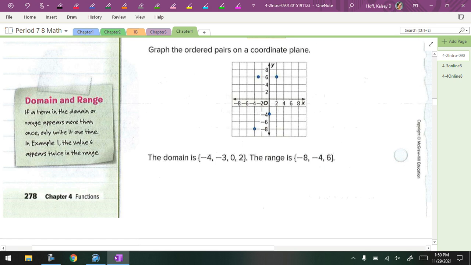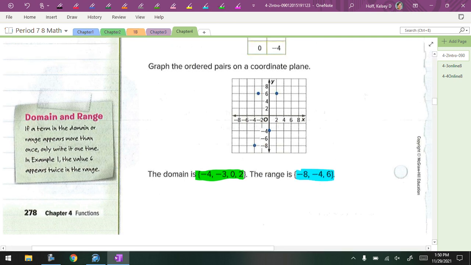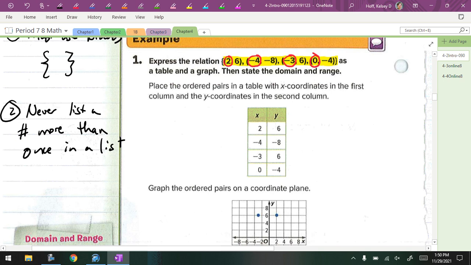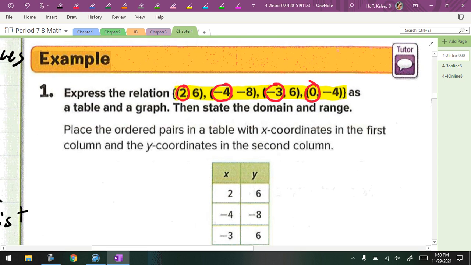So here's my question. How come the domain has 4 numbers, but the range only has 3? Because there's 2 6s. This 6 is a y coordinate. This 6 is a y coordinate. Number 1 rule, never list a number more than once.